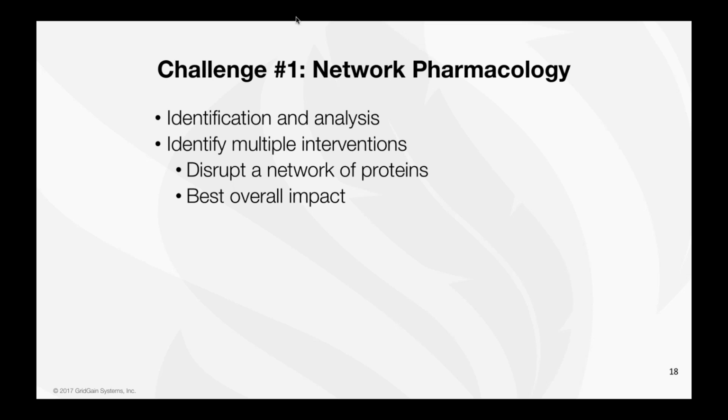If these are impacted simultaneously, how can they disrupt a network of proteins? So the goal is to seek drug molecules with the best overall impact on the protein network. That's fairly low level, but it requires a lot of effort, a lot of time and a lot of processing power to achieve.